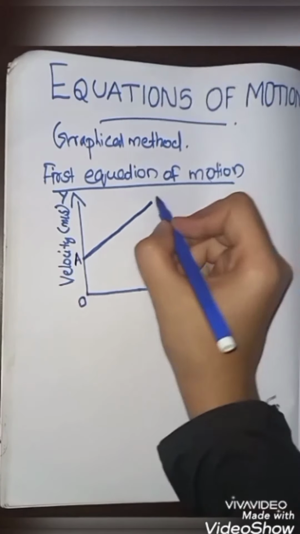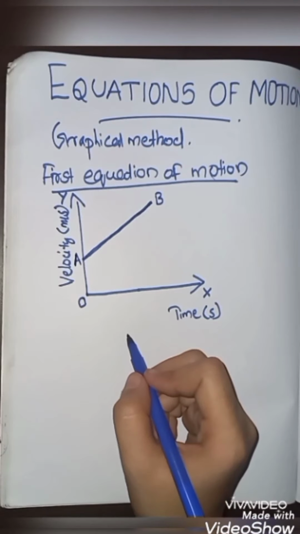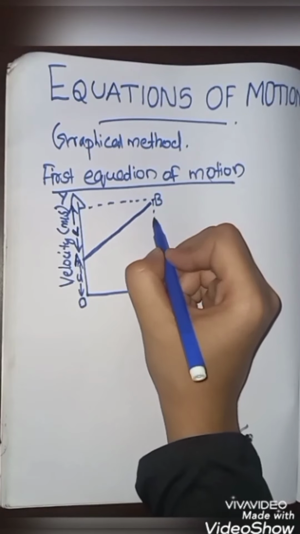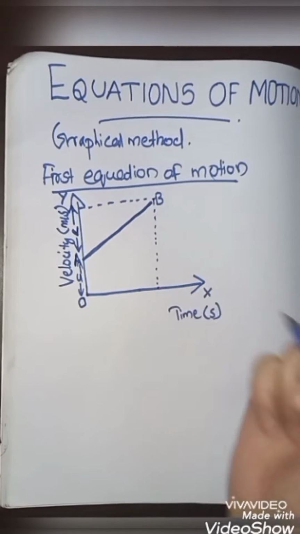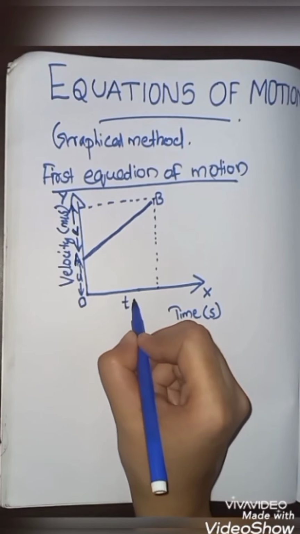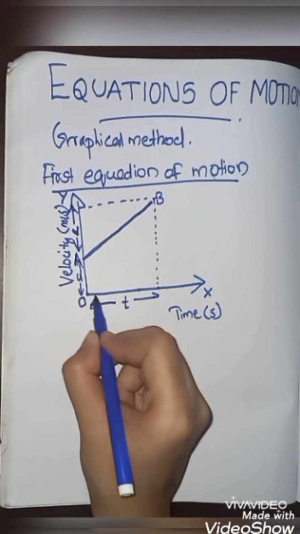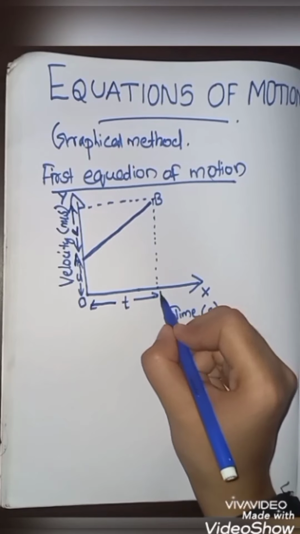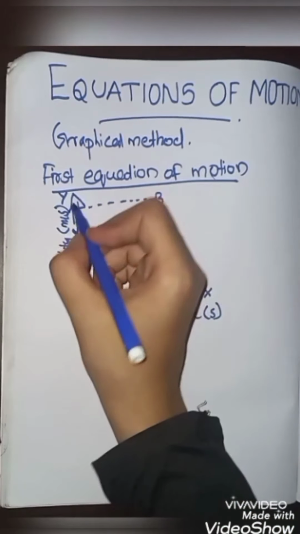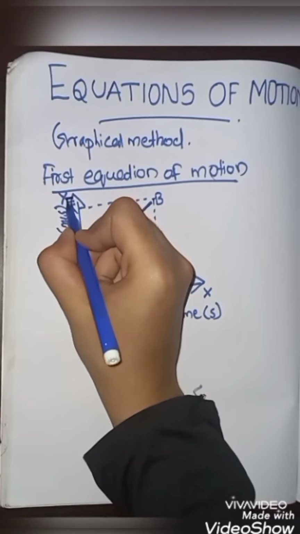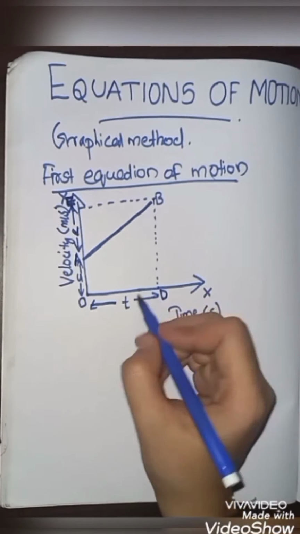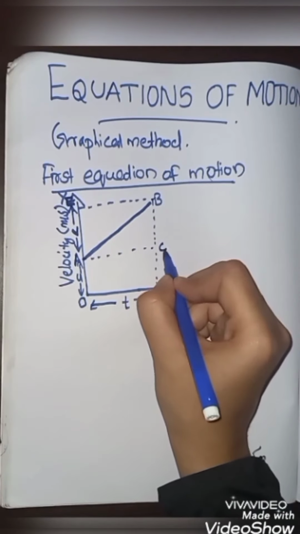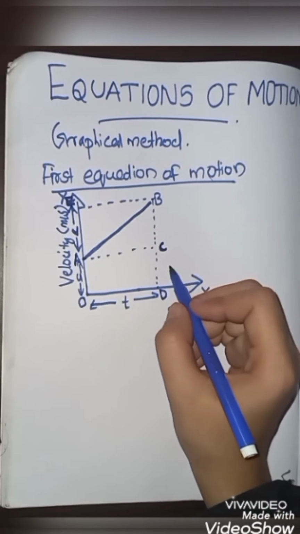We mark the points A and B. Then this is U. We join this point to here, and this length gives the time. Here we mark D, and here it is E. Here we also join this point, that is C. Then what is U here?